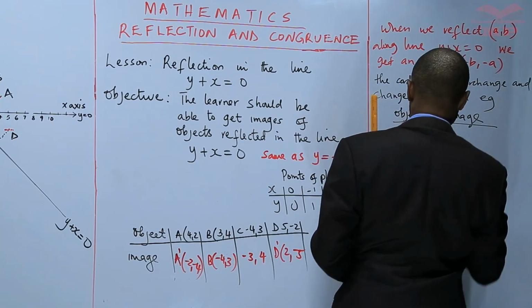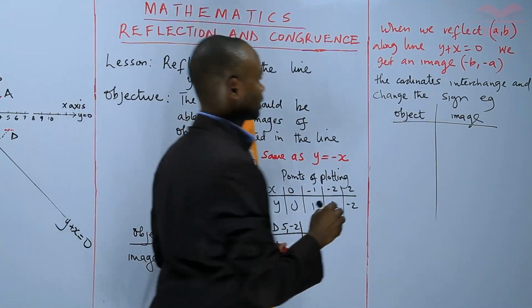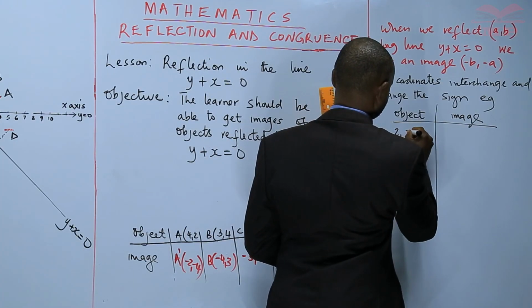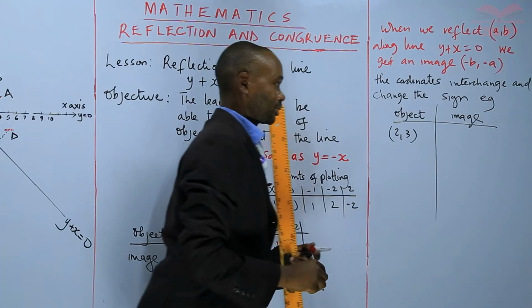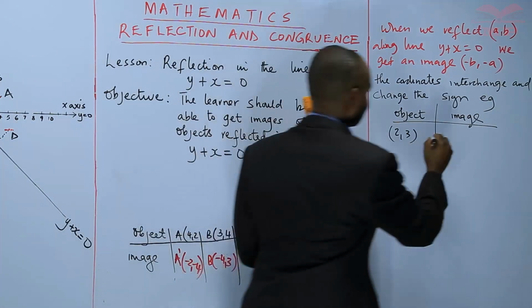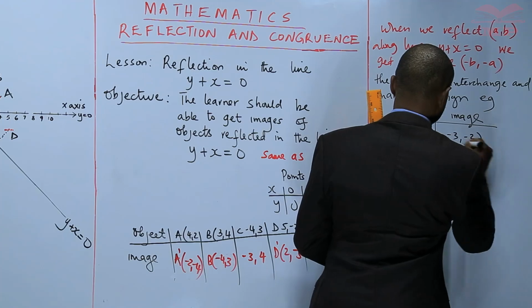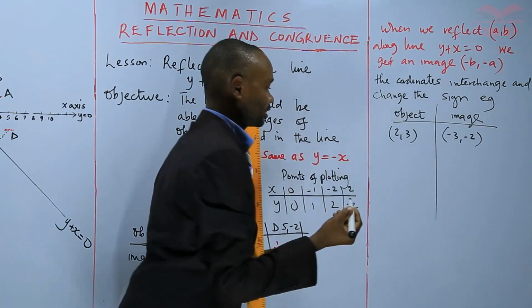It is easy to tell. When you have an object 2, 3, what will be the image? Negative 3, negative 2. Interchange and change the sign.